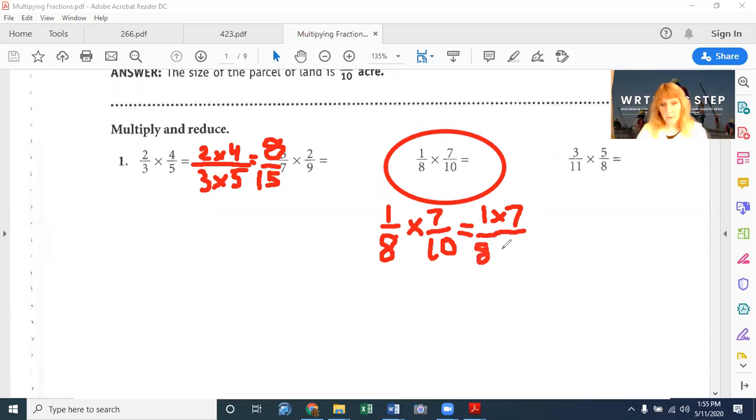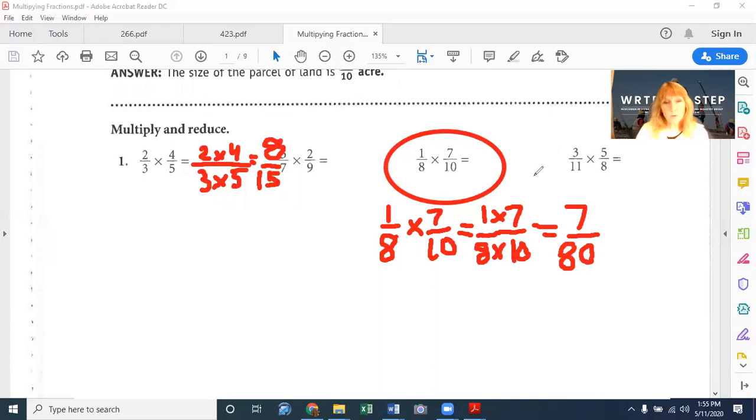You probably already have it figured out, because it takes me a little longer to write it than it does for you to process it mentally. So 1 times 7 is exactly 7, and 8 times 10 is 80. We cannot reduce this fraction any further. We have an odd on top and an even on the bottom, and 3 does not divide into either one of those numbers. So that answer is 7/80.